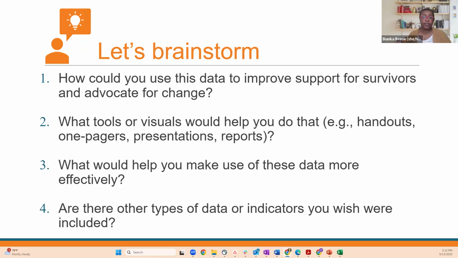Any more before we move on? Maybe when doing outreach, to have different agencies join the coalition or task force, to support why we may need certain organizations to be a part of the coalition. Absolutely.